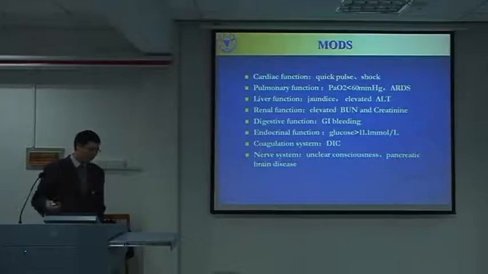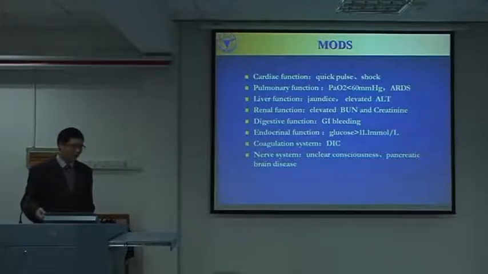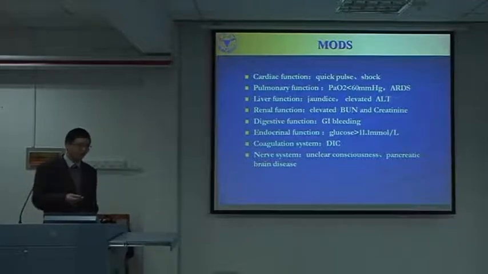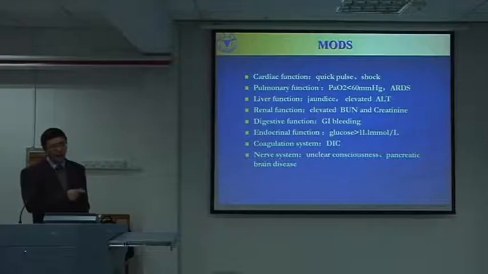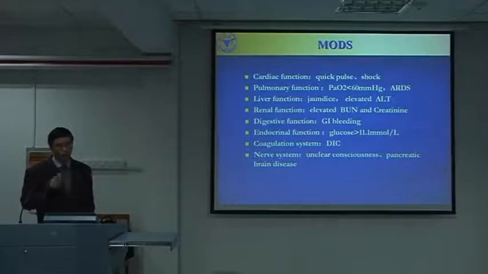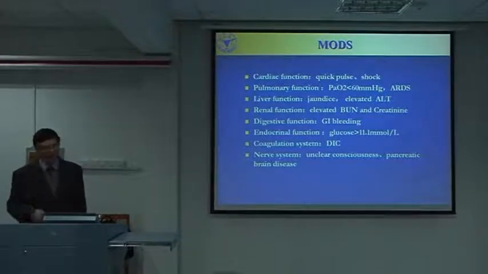So in acute pancreatitis patients, CT scanning is very important. CT scanning can find necrosis, pseudocyst and abscess. So if there are necrosis, abscess and pseudocyst, we call this patient severe acute pancreatitis.